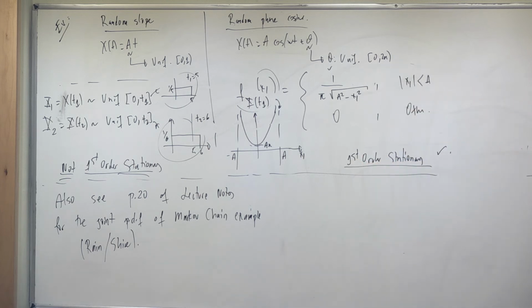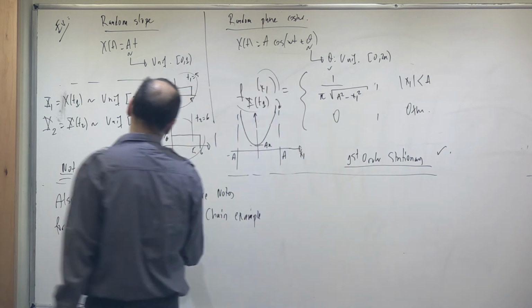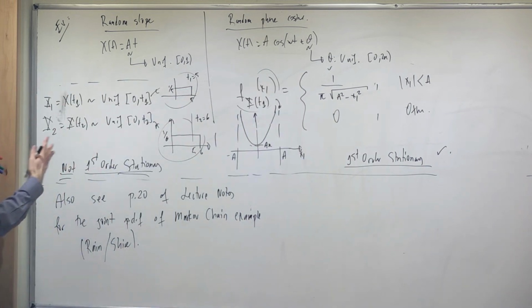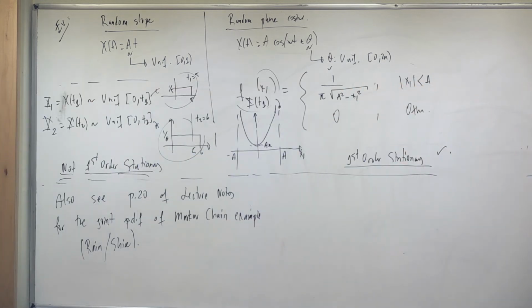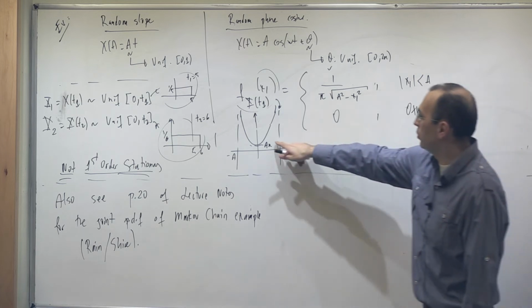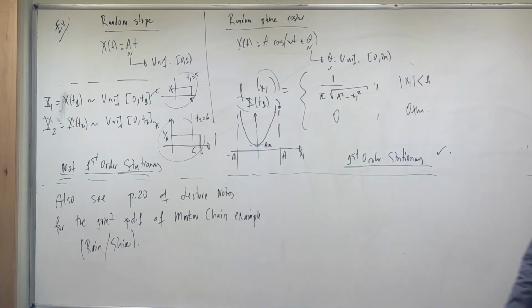We have first order stationarity for random phase cosines. Two different types of processes. This one is not stationary; actually, it is spreading in time. This one is always the same. If you look at it at another time, you always see this distribution. Okay, so this is good.